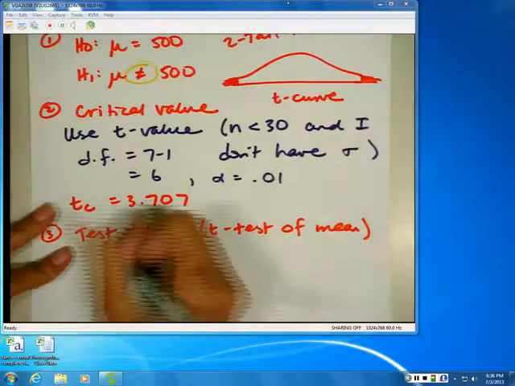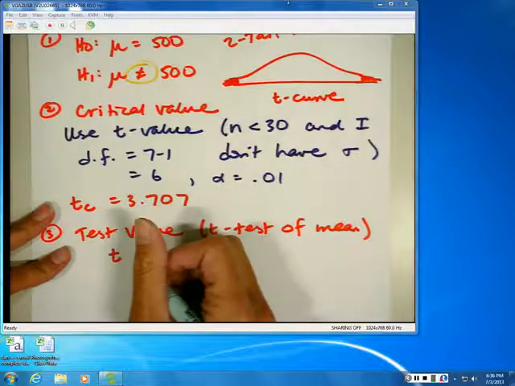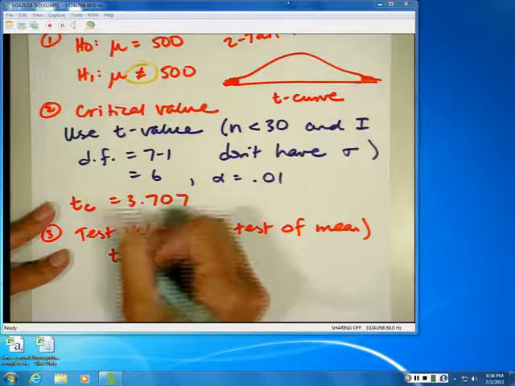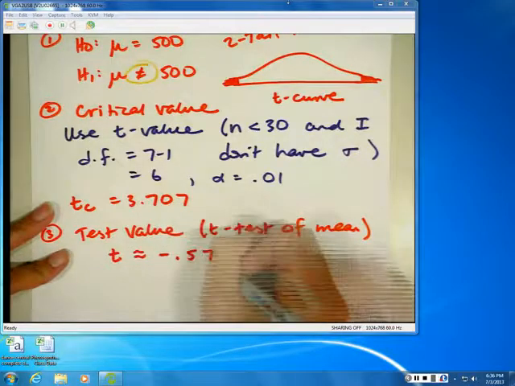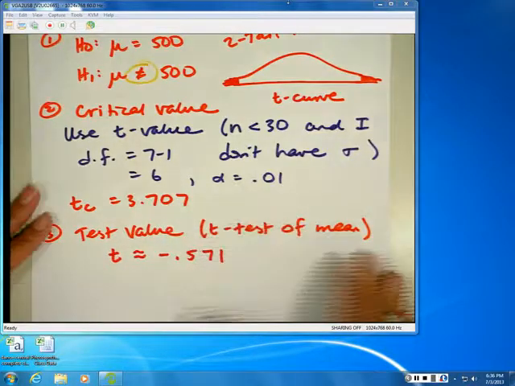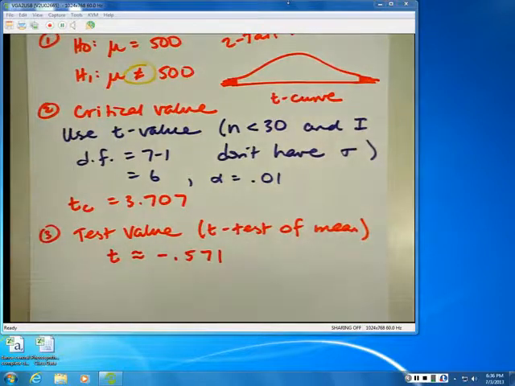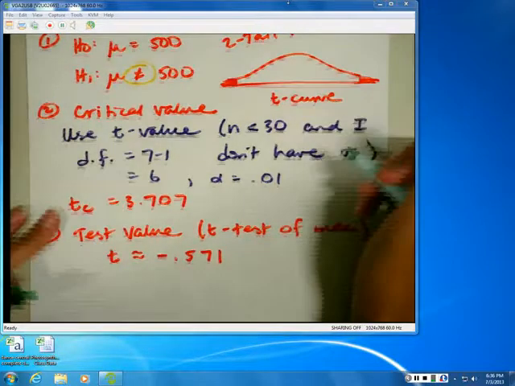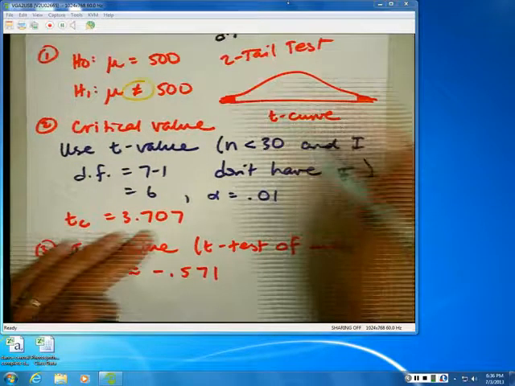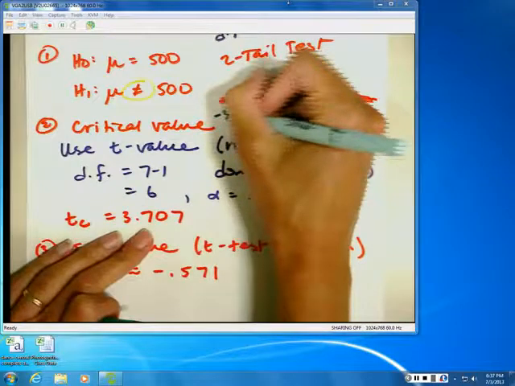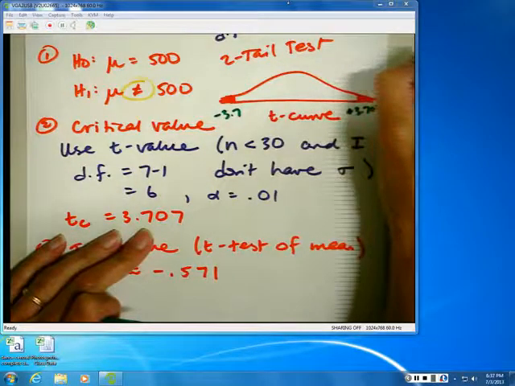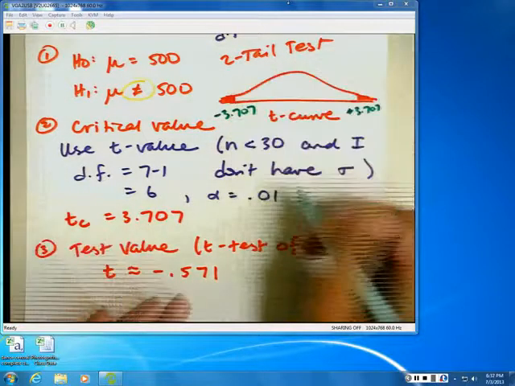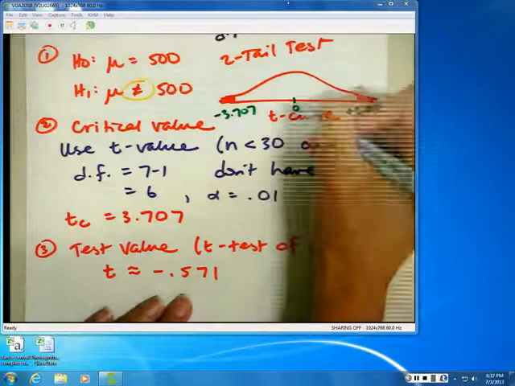So my test value, the t-score for my data, is approximately negative 0.57. I'll call that 0.571. On my t-curve, these cutoffs were at negative 3.7 and positive 3.7. This is 0, right, in the middle.